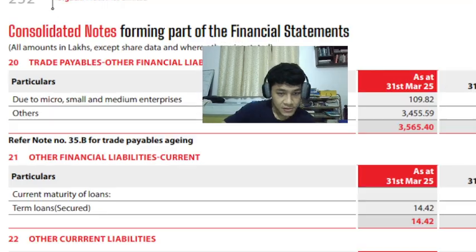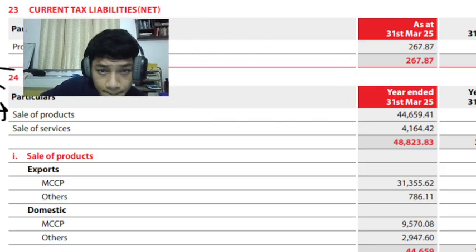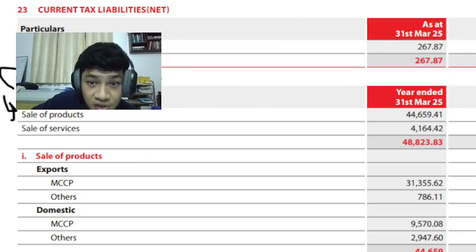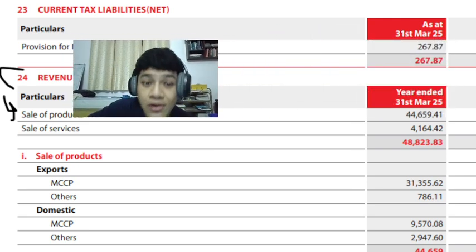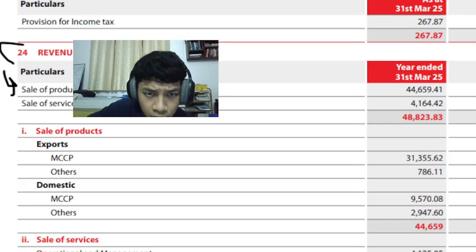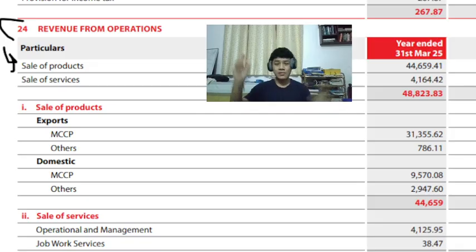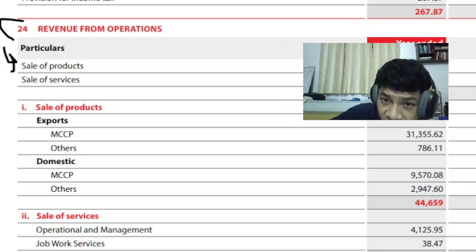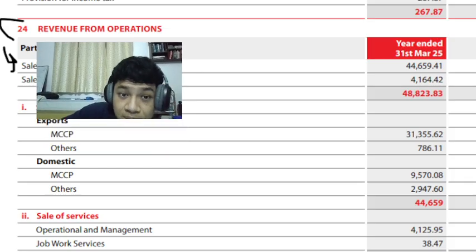Okay. And finally, we take a look at revenue from operations. Here we can see 446 crores of revenue came from sale of products, while 41 crores came from sale of services. In sale of products, exports make up a massive amount of revenue, 313.5 crores. Export is MCCP, microcrystalline cellulose.